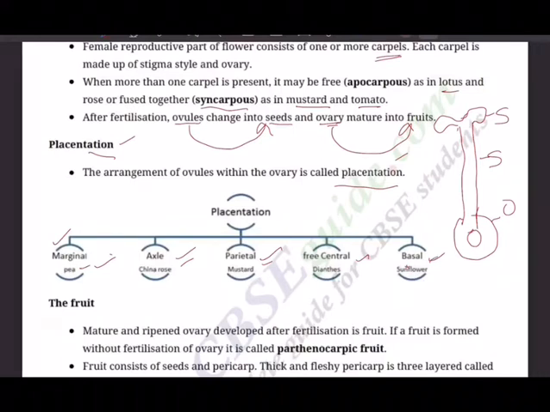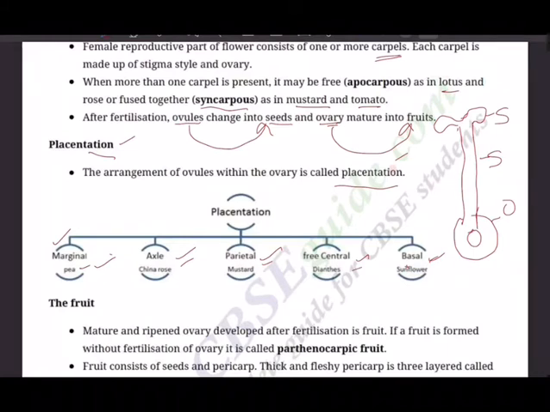Example, sunflower, marigold. And then the final one, free central placentation. In free central placentation, the ovules develop on the central axis while the septa are absent. This type of placentation is found in primrose and dianthus.